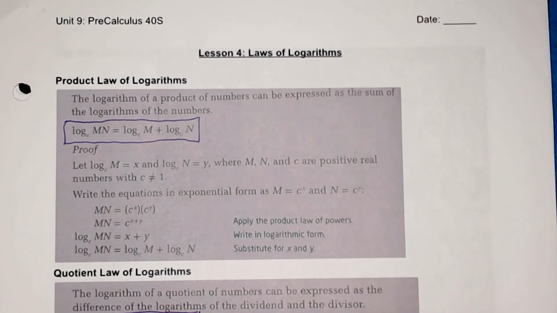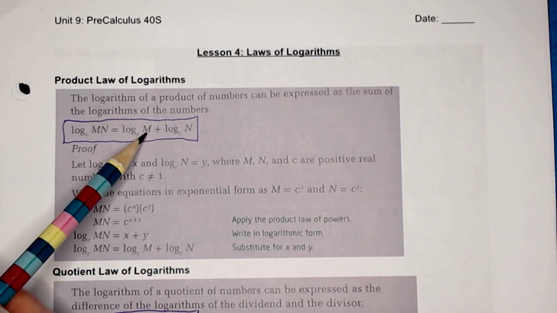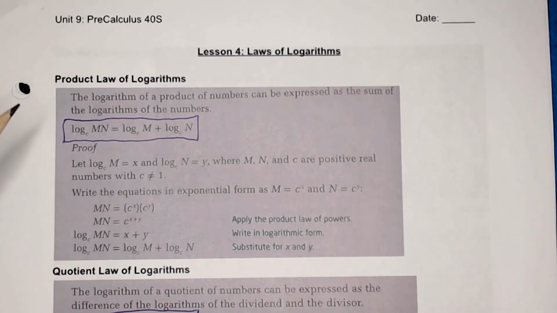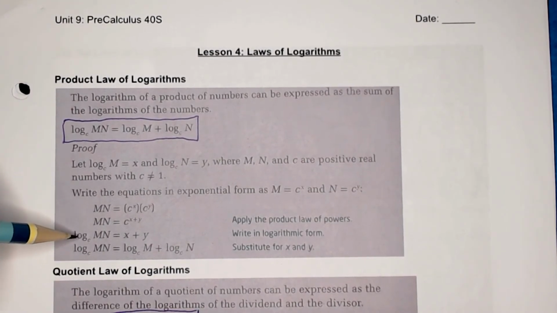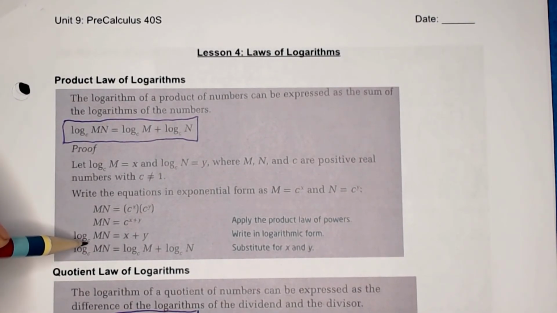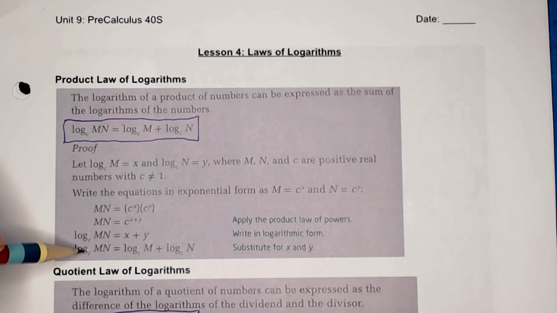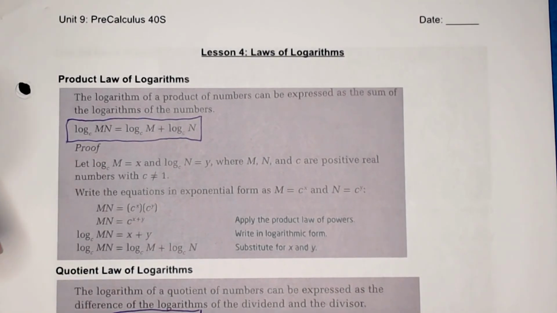It says the log of a product of numbers can be expressed as the sum of the logs of the numbers. So we have the general formula here, log c of m times n is equal to log c m plus log c n. Below here, there's the proof. I'll let you read through it, but basically it shows that mn is equal to c to the power of x plus y, log c of mn is equal to x plus y, and then these terms are all equal to each other.